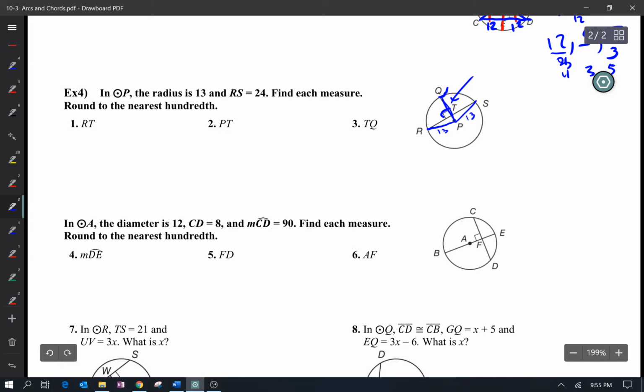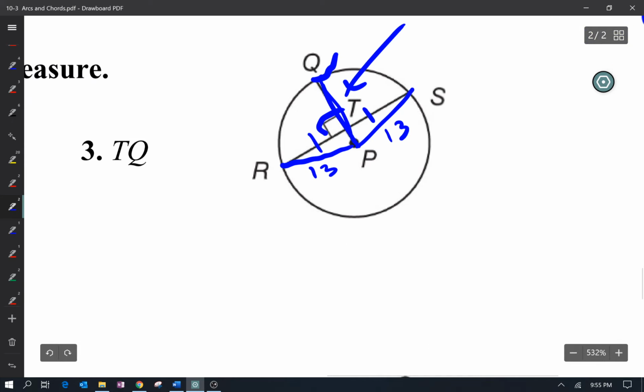So that establishes that line is a diameter, right? QP is a diameter, and it's perpendicular, so it bisects it. So I know that this is equal to this. And if RS is 24, then if I blew this up, this would be 12 and 12, right?